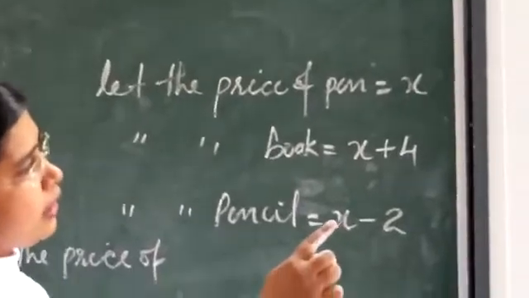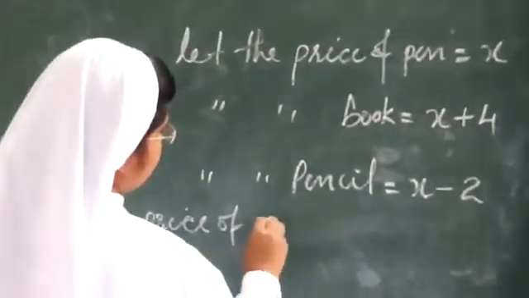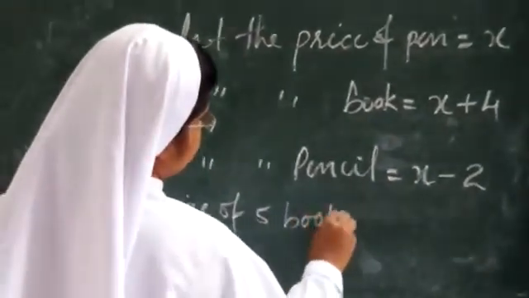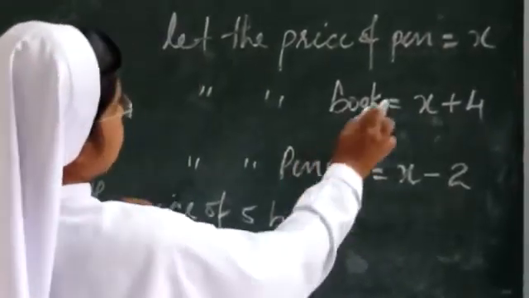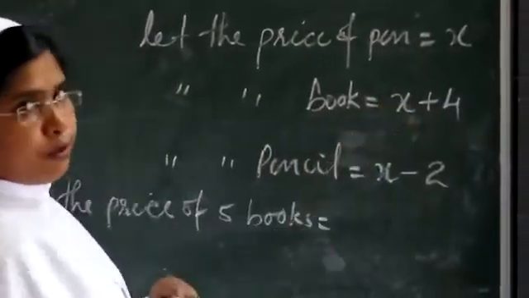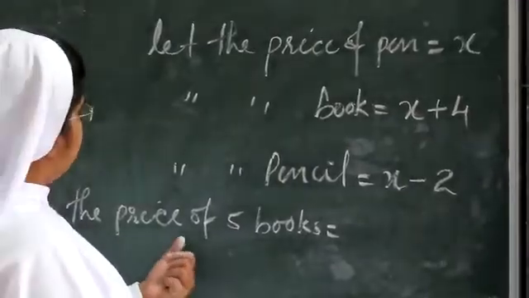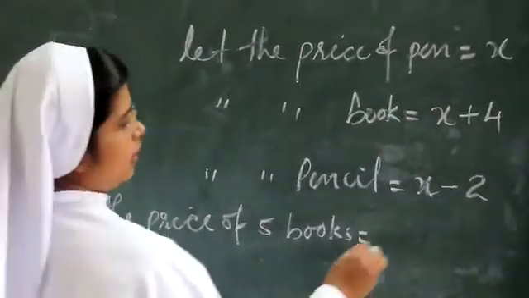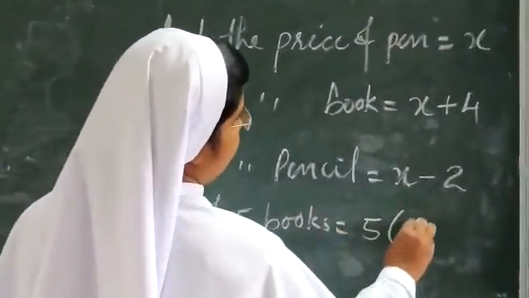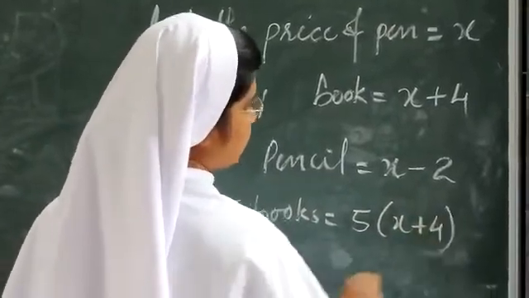What is given? The price of 5 books. 1 book is how much? x plus 4. Now the price of 5 books is how much? 5 into x plus 4.